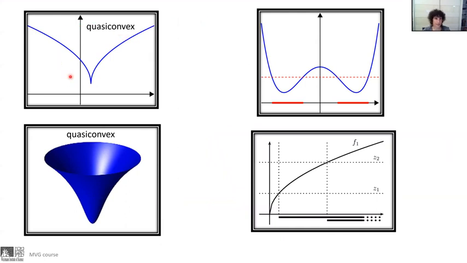This is a quasi-convex function in 2D. However, is this a quasi-convex function? No. Why? Exactly. You have two intervals. So this is not a quasi-convex function. It's not unimodal. And actually, this lower part here is a quasi-convex function and a quasi-concave function, both.